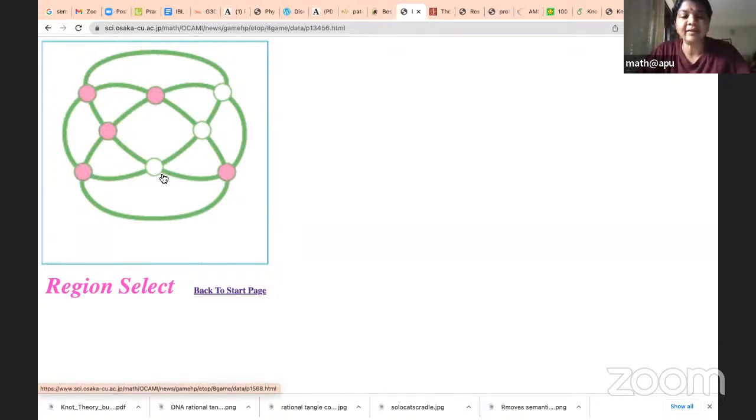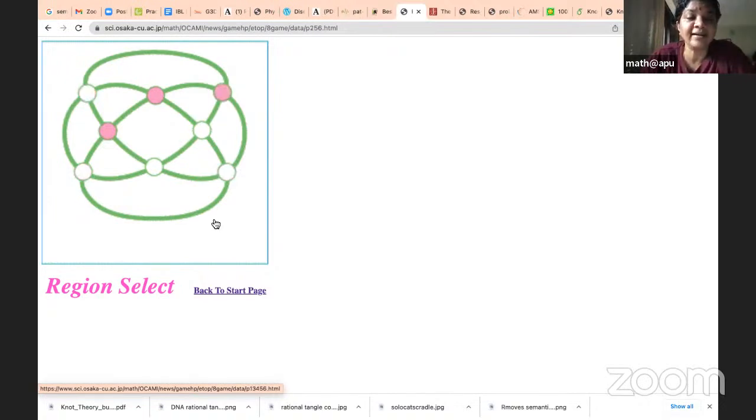Suppose we gave this to a child in, say, 4th, 5th or 6th standard and said these are the rules of the game. What do we expect the student to do? They will first try at random. Then, for example, they may press the outside region.